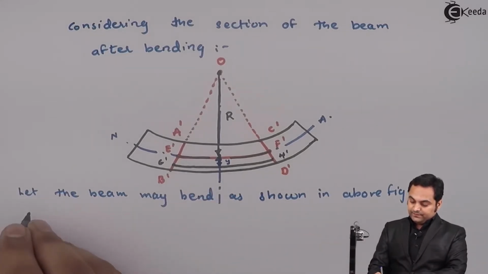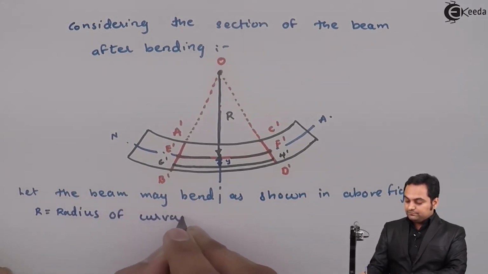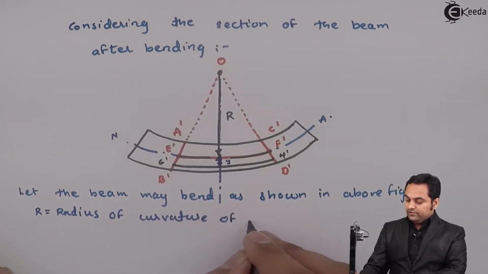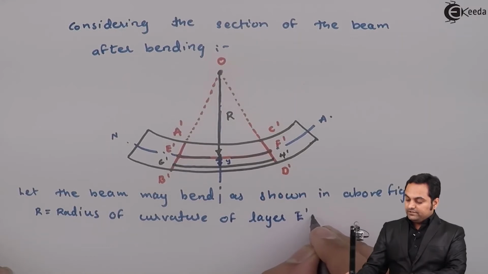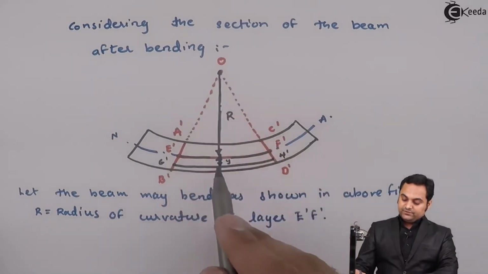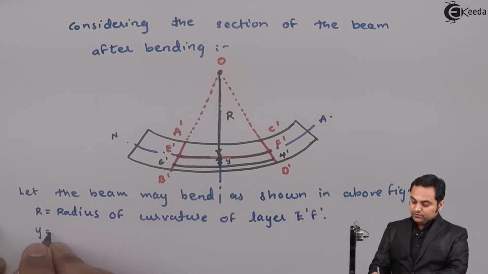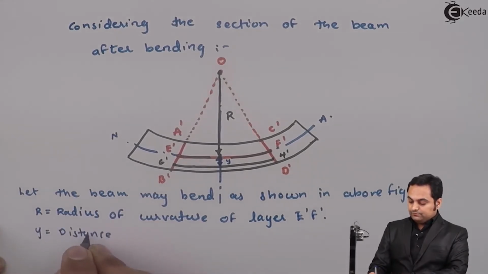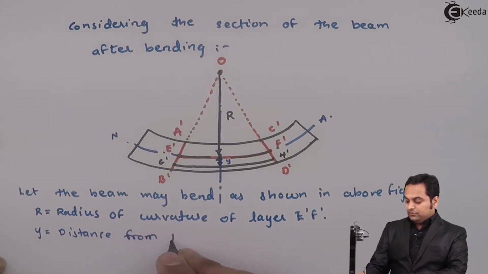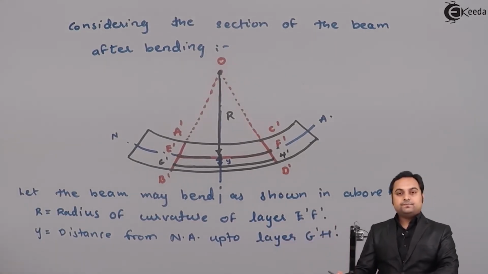Here capital R is equal to the radius of curvature of layer E dash F dash, that is, its radius with respect to the center is capital R. Next, Y is the distance from the neutral axis up to layer G dash H dash.